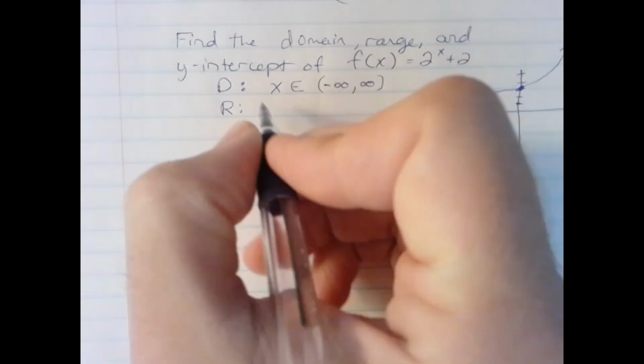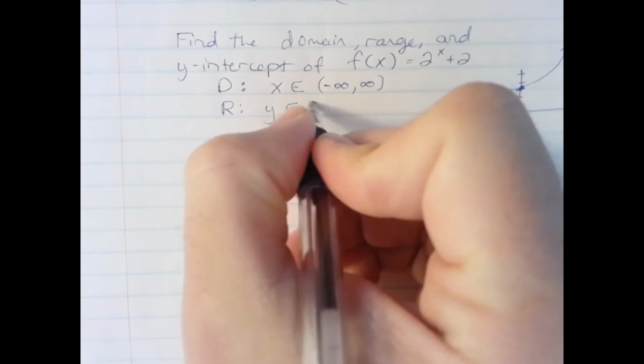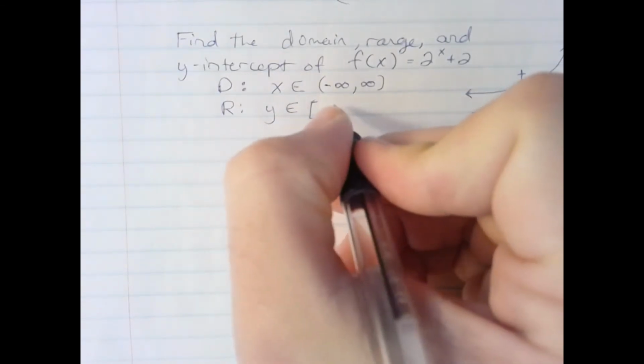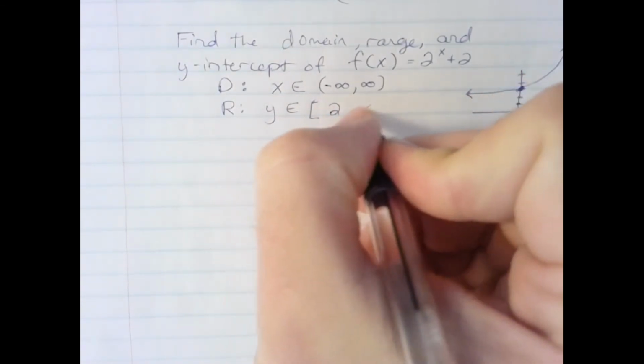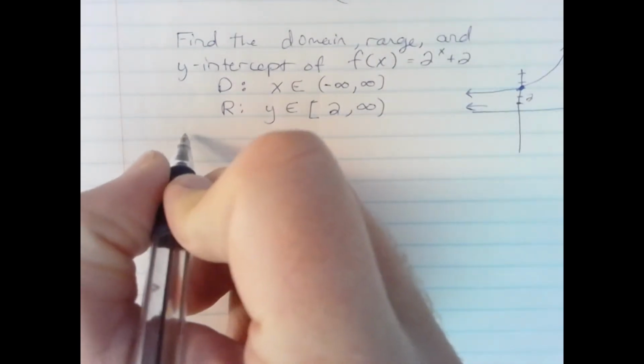So our range is all y values included in the set 2 to positive infinity. This is because as we go to the left forever, it levels off at a y value of 2.